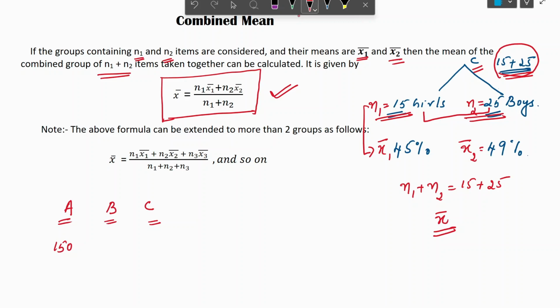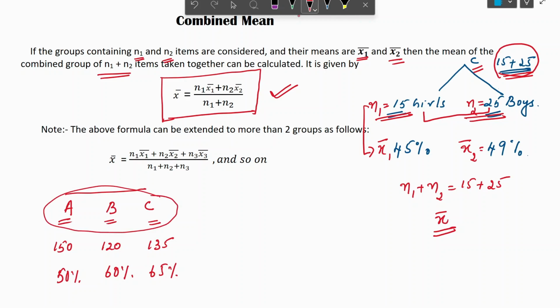In division B, there are 120 students, and in division C, there are 135 students. The average marks of the 150 students is 50 percentage, here it is 60 percentage, and here it is 65 percentage. Then is it possible to find the combined mean, or combined average, of all these three divisions? Because here there are three groups.